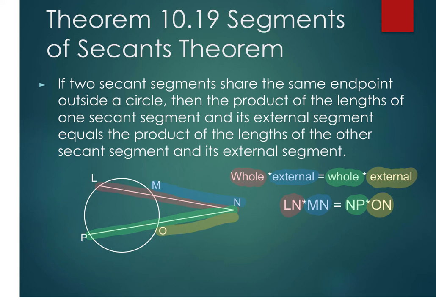We have proportionality. But here it's a whole segment times an external segment and a whole segment times an external segment. And where this comes from, guys, is because you can draw two lines here and here that also create proportionality. Okay, so these two triangles are similar as well.